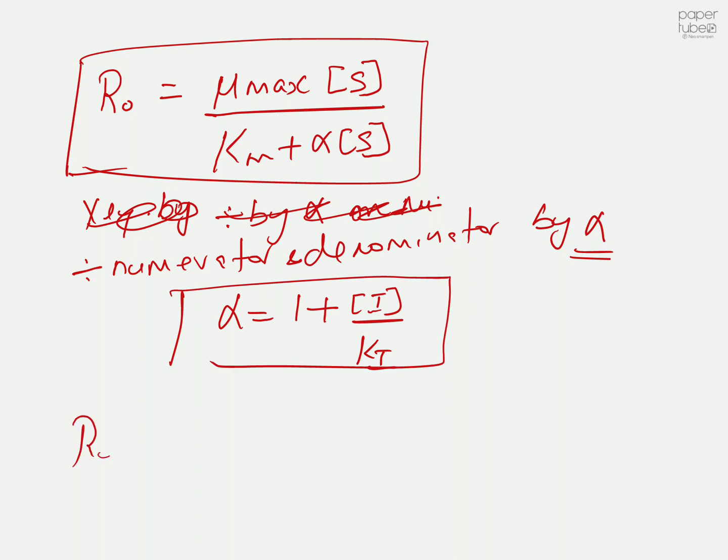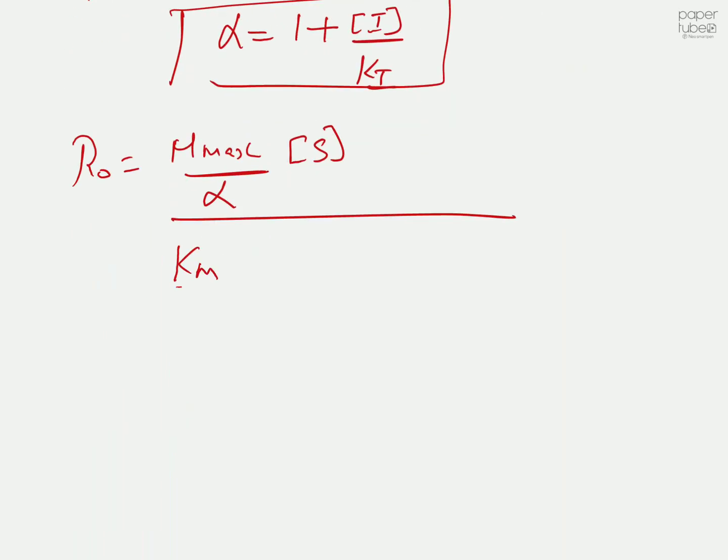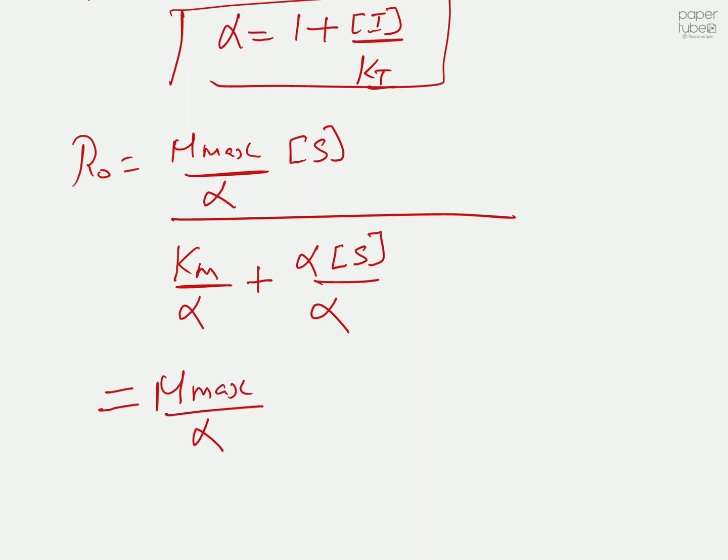So R0 is equal to mu max divided by alpha, multiplied by substrate concentration divided by Km by alpha plus substrate concentration.